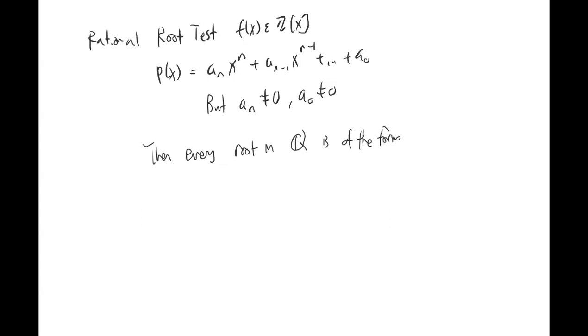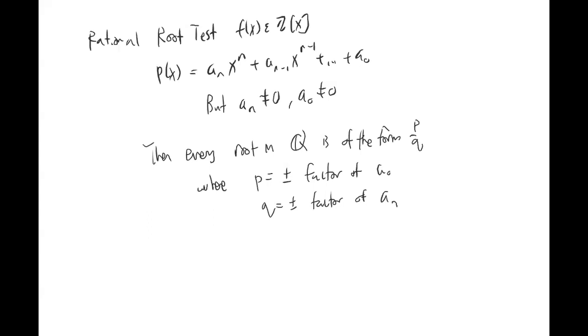This won't help you entirely check it's irreducible, but at least it'll tell you whether there's a root. Here p is plus or minus a factor of a_0, and q is plus or minus a factor of a_n. Do you all know the rational root test?